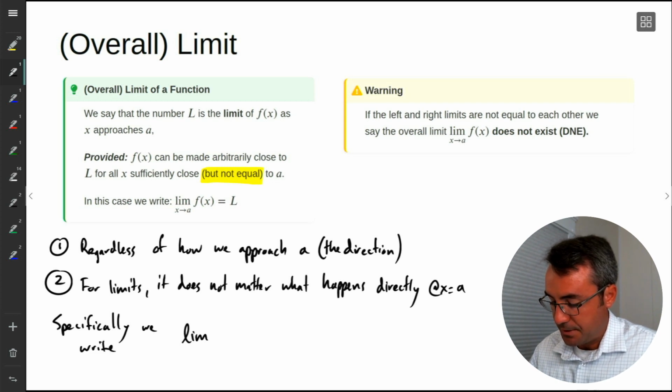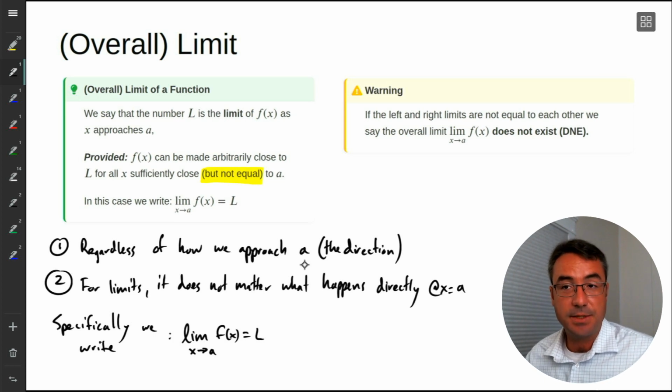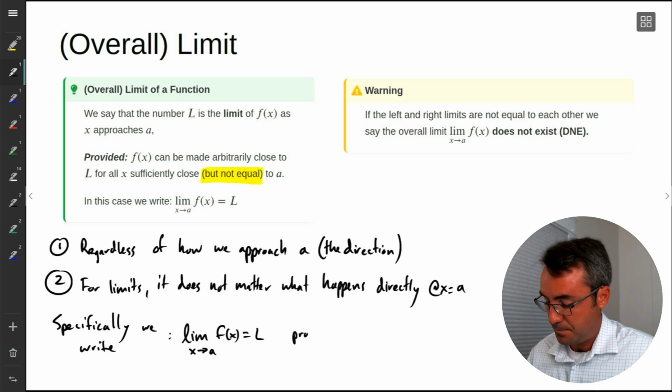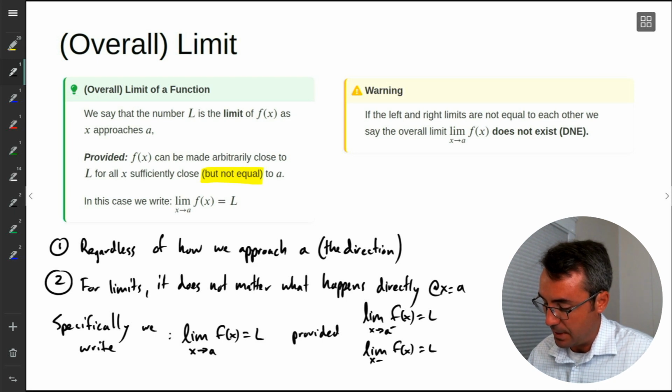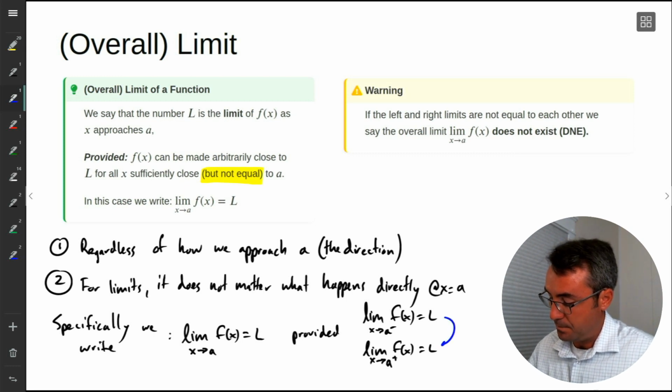We write the limit of our function f of x as x approaches a is equal to L if both the left hand and the right hand limits are equal to L. So our left hand limit as x approaches a from the left has to be equal to L, and our right hand limit has to be equal to L as well. So these both have to be equal.